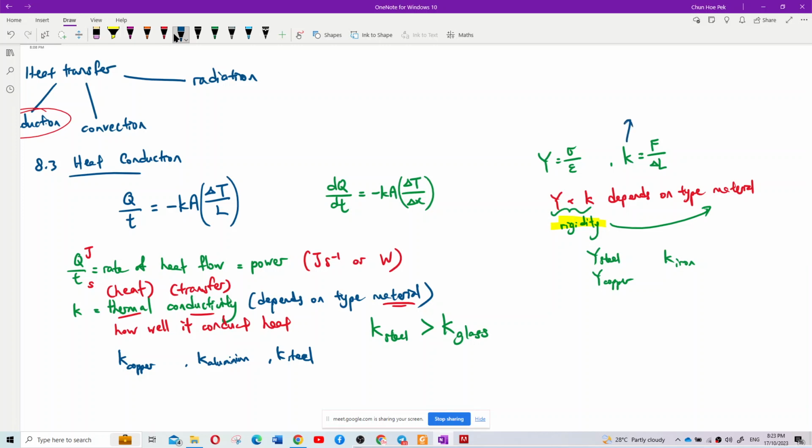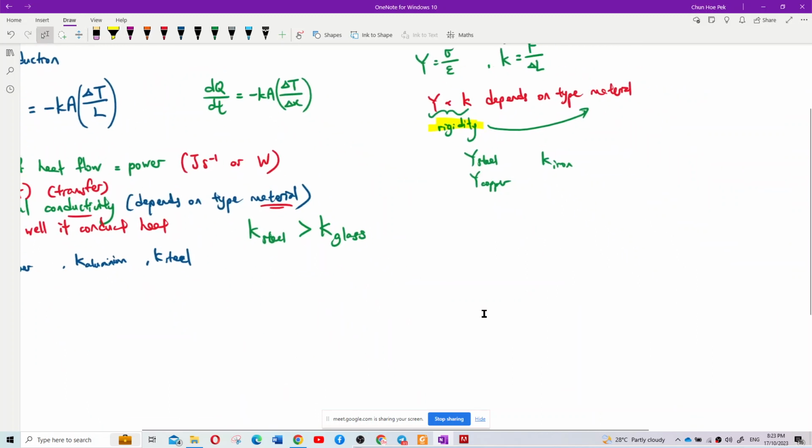Force constant is the rigidity of the material, but K over here is thermal conductivity, meaning how well it conducts heat. Glass is a bad conductor, steel is a good conductor.